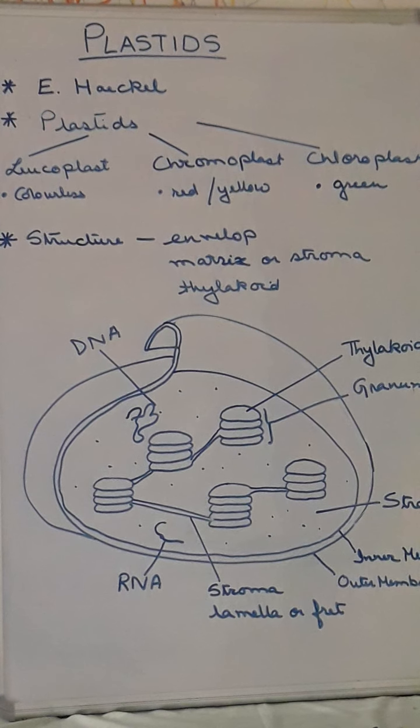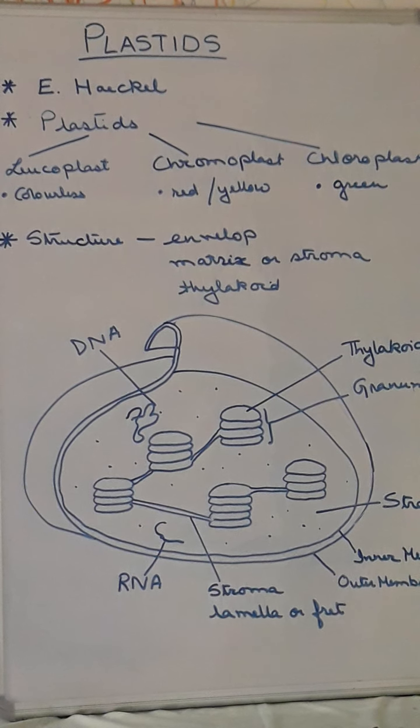Now this is a very important organelle in plants because this is the only thing responsible for performing photosynthesis, and we know that if photosynthesis is not performed, the plants cannot prepare their food, isn't it? Only for this do we call them autotrophic organisms. So the main function of the chloroplast is to perform photosynthesis.